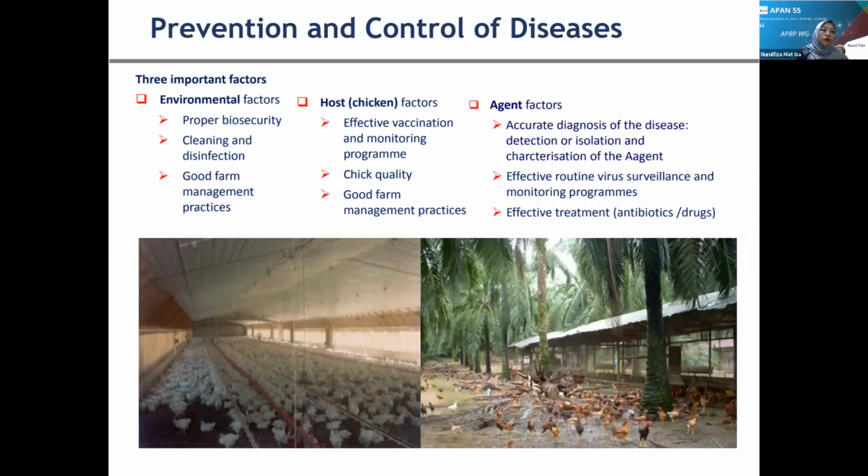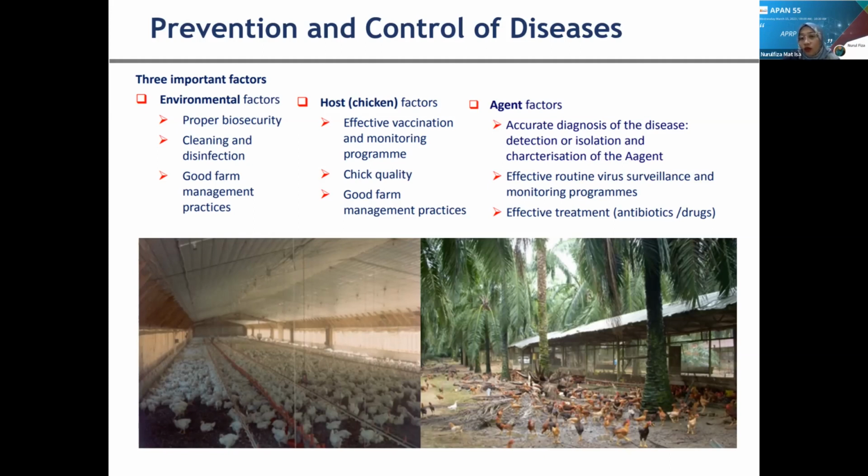From the environmental factors, we need to improve the proper biosecurity, cleaning and disinfection, and good farm management practice. The second one is the host or chicken factors, where we need to implement effective vaccination and monitoring programs, as well as chick quality and good farm management practice, right?